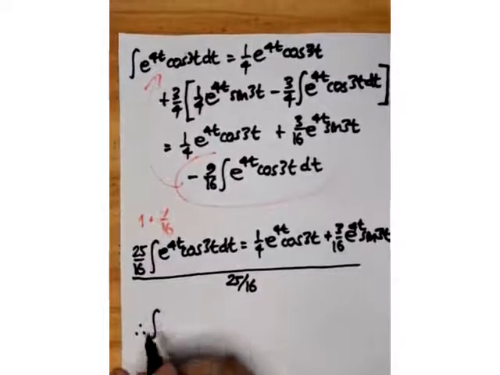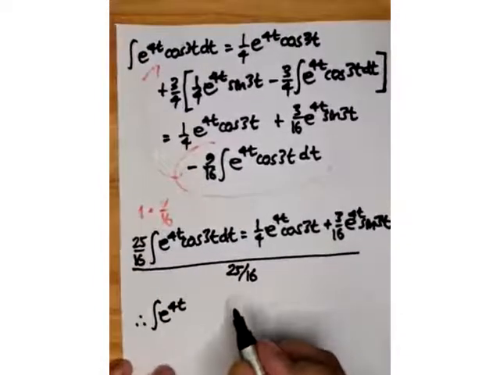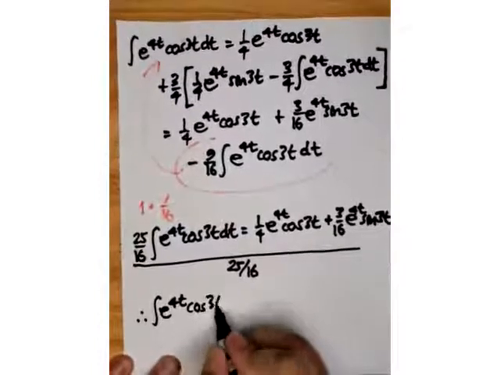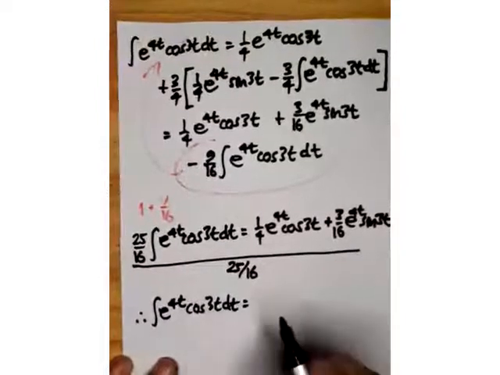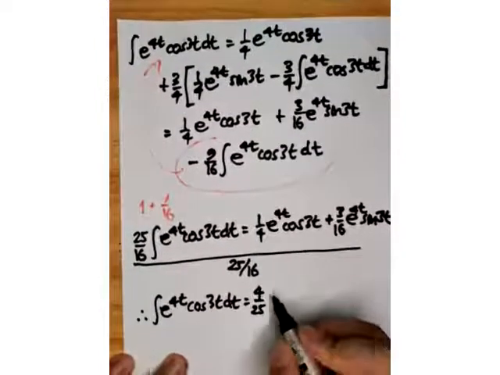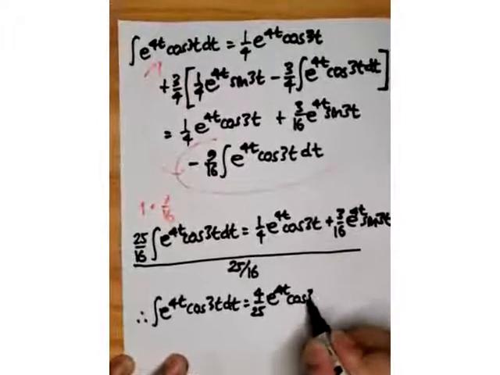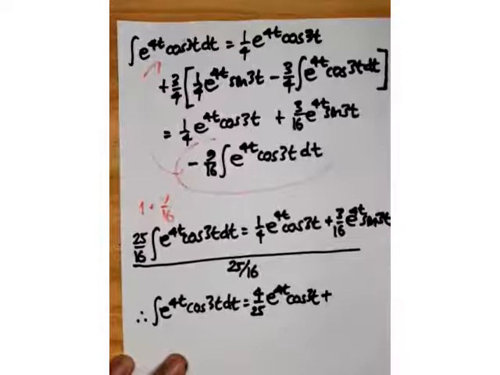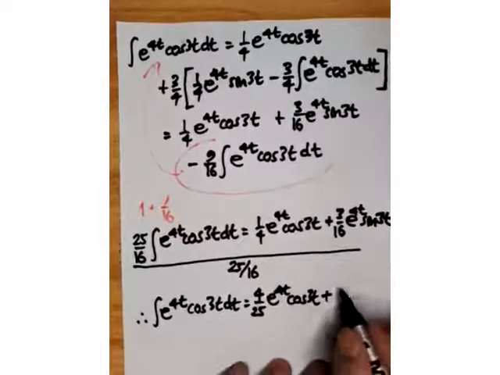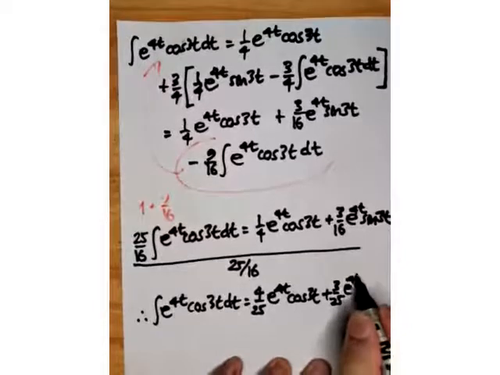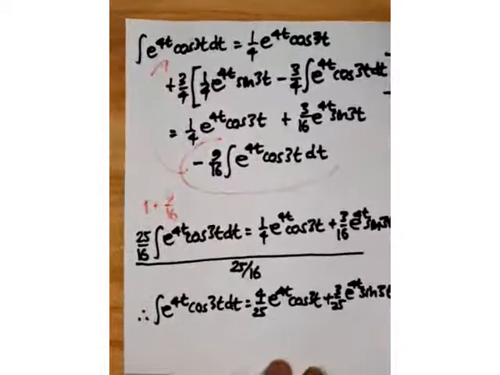So therefore, the integral of e raised to 4t cosine 3t dt is equal to 4 over 25 e raised to 4t cosine 3t plus 3 over 25 e raised to 4t sine 3t.